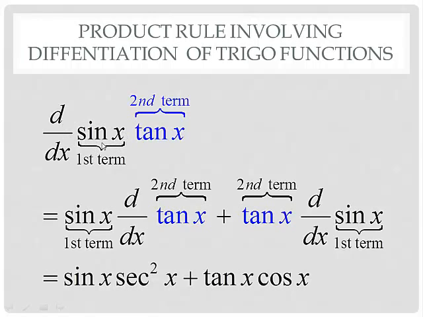We call sine x the first term, and we call tangent x the second term. So the product rule goes like that: copy first, differentiate second term, plus copy second term, differentiate first term. So sine x, after differentiation of tangent x, you get secant square x, plus tangent x, after differentiating sine x, you get cos x.